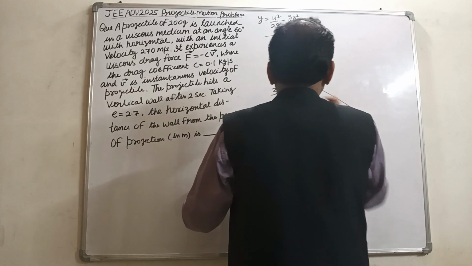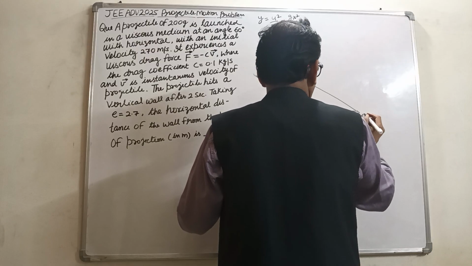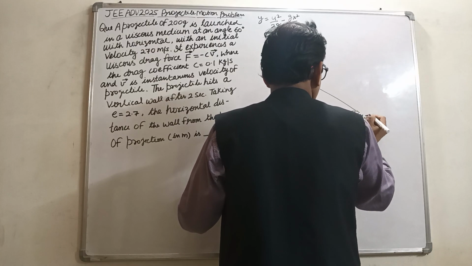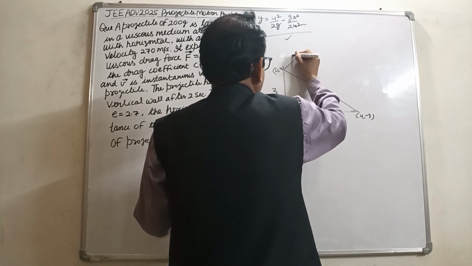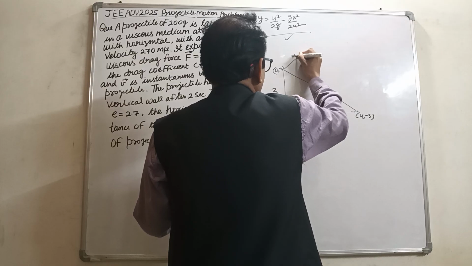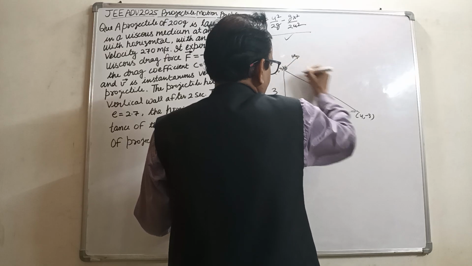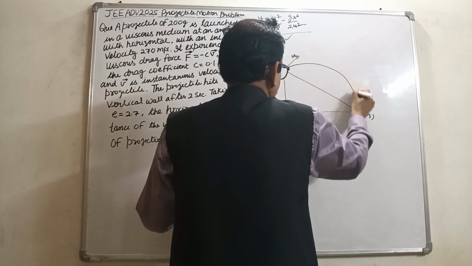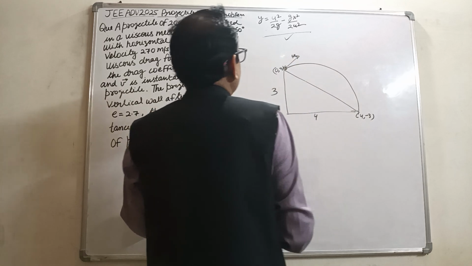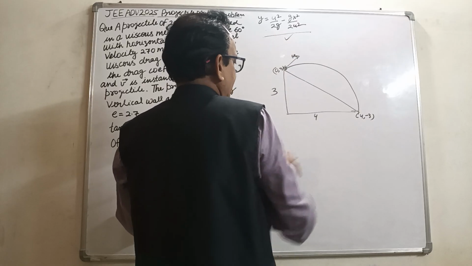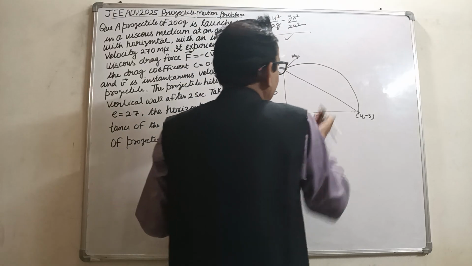So taking the origin as 0 comma 0, the coordinate here can be 4, minus 3. This is the coordinate xy, and we have to find the initial velocity u, so that this ball hits this edge. So this point would lie on the safety parabola. Placing the values of x and y here, we find the velocity u easily.